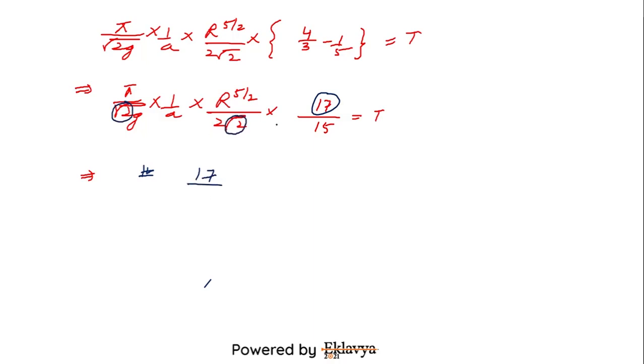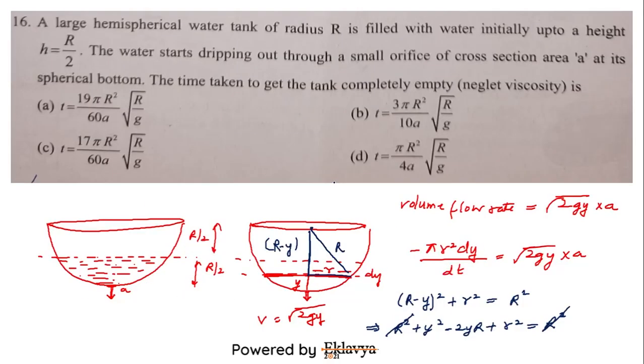So we'll have 4 into 15, so that's 60, into pi by root g into a. So this r raised to power 5 by 2 is the time. So let's see whether we have an option like this or not.